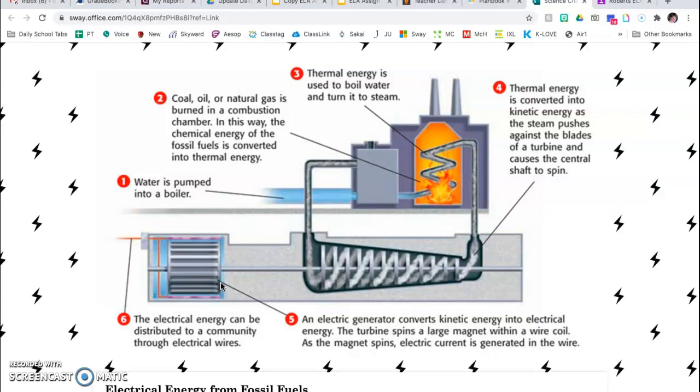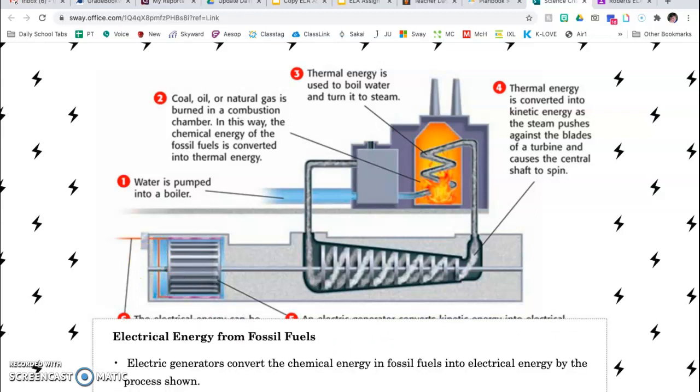As the magnet spins, electric current is generated in the wire. Then we have this electrical energy that can be distributed to a community through electrical wires. So this would be your electric generator, and it's converting chemical energy in the fossil fuels into electrical energy.